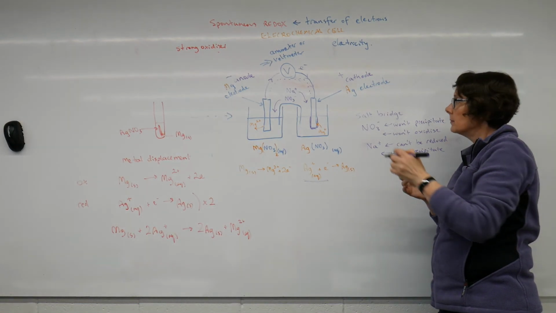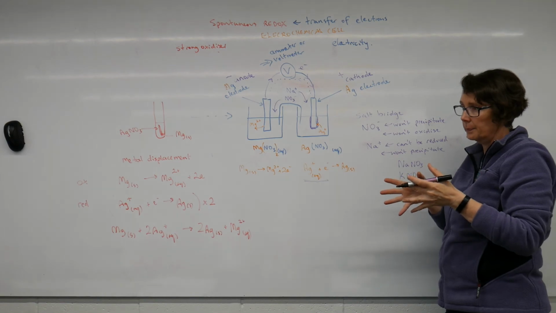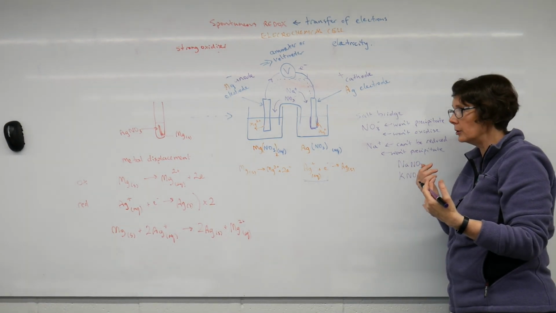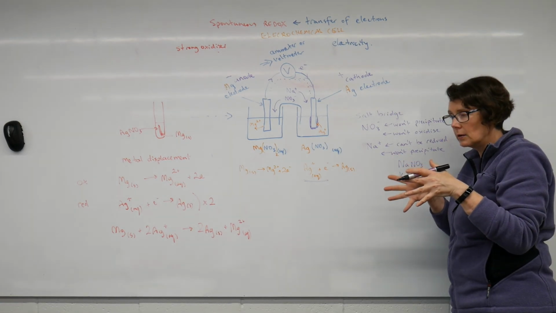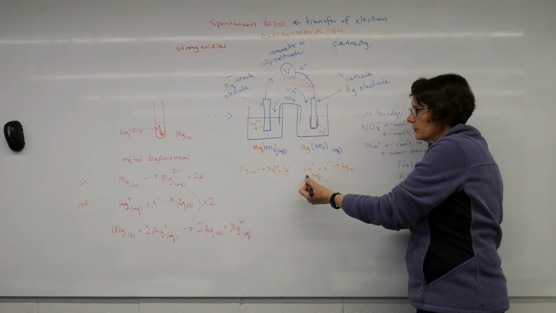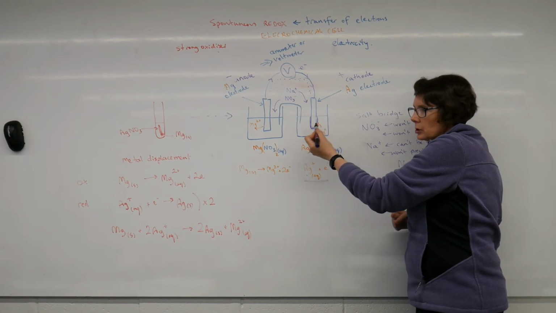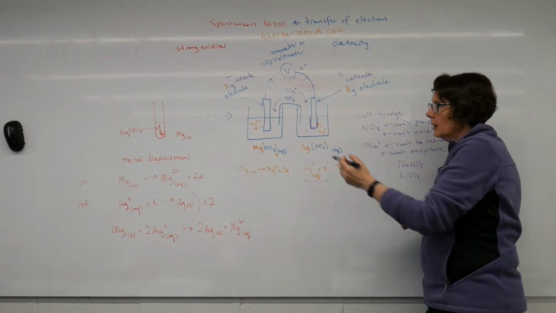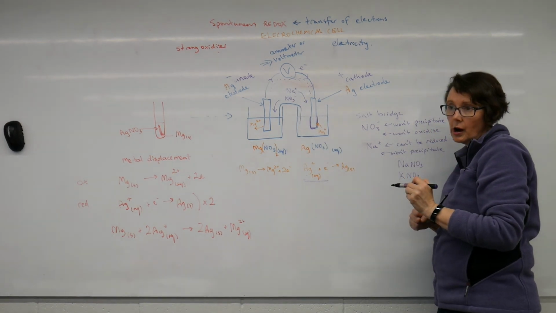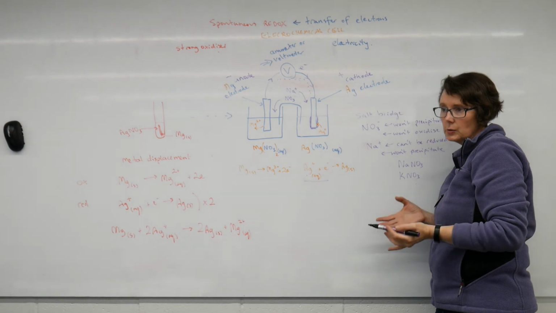So the cathode is going to get bigger as it has this build-up of silver on it. Every time a silver ion is reduced onto the surface of the cathode, we need to replace that with another positively charged ion to keep the charge balance correct.